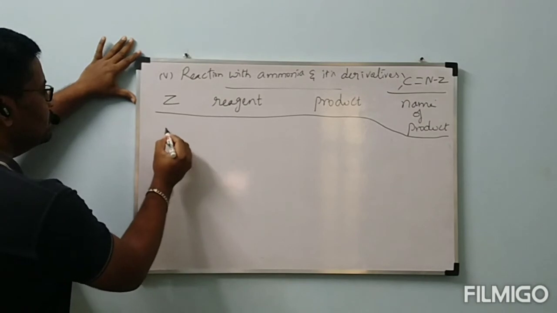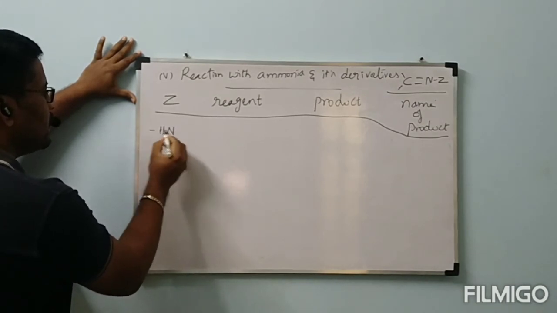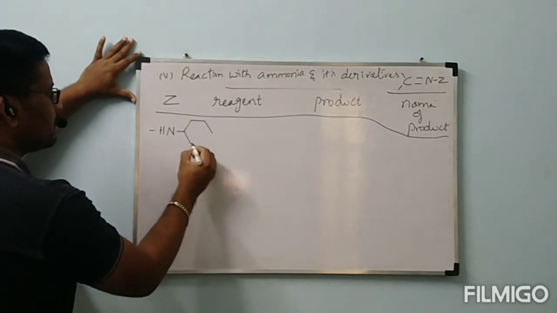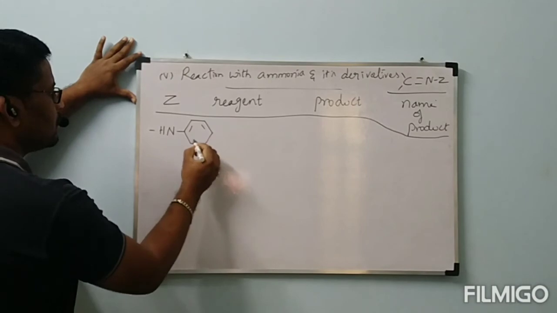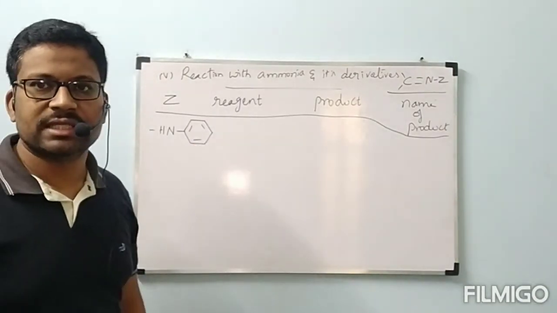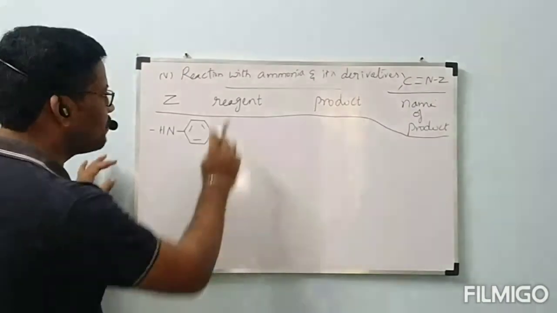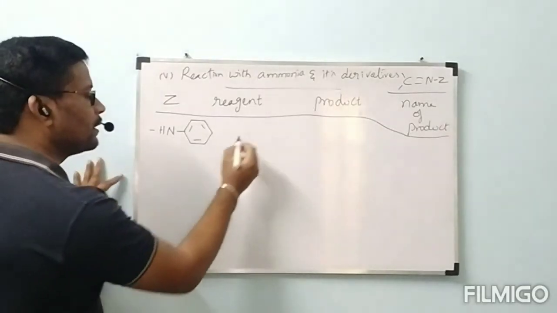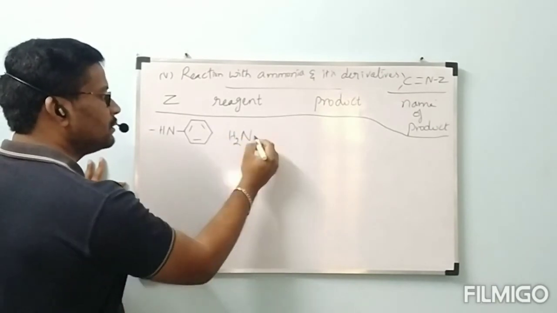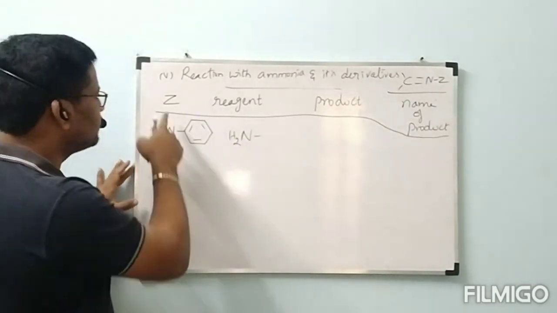If Z is equal to NHC6H5, then what is the reagent? NH2 as it is same only. What is the Z group?